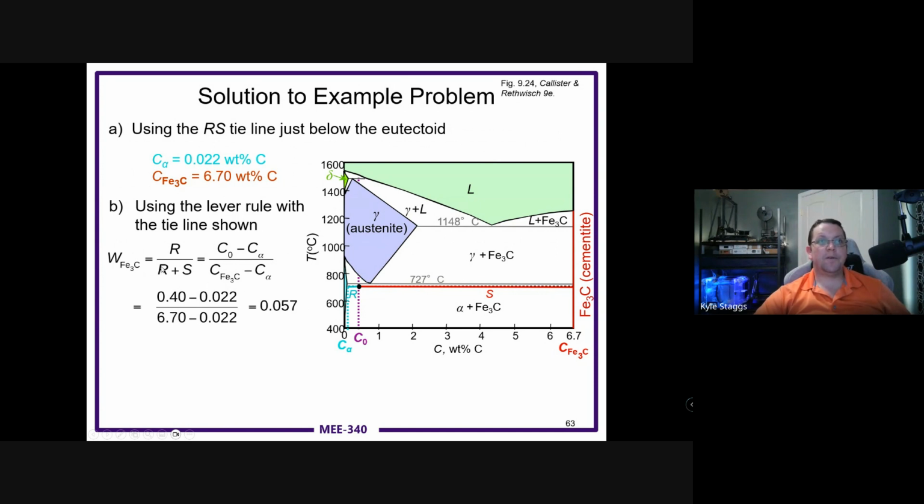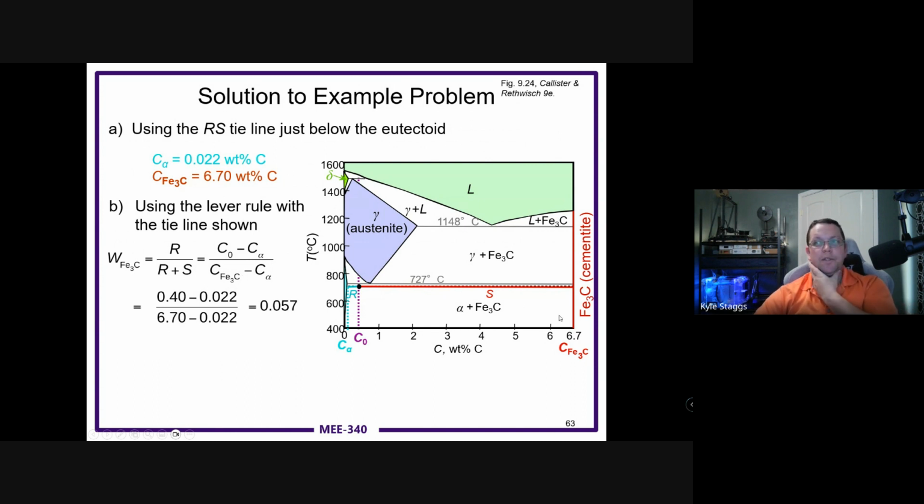Same thing down here. The R plus S is mathematically the same thing as our C for iron carbide, the concentration for iron carbide, minus the concentration at 0, right? So this is mathematically the same thing, just an algebraic rearrangement.